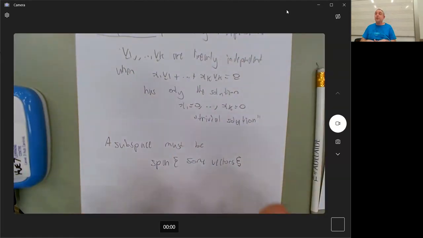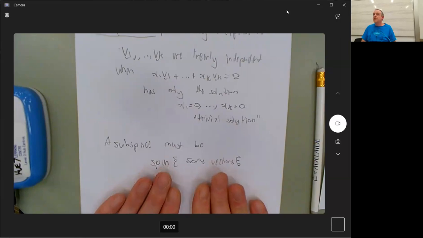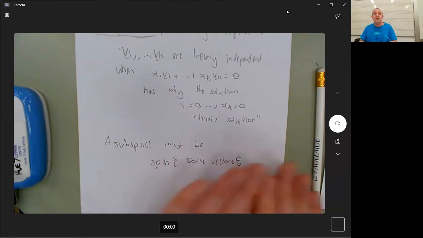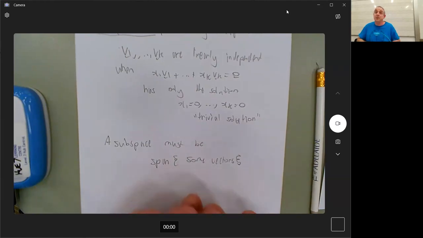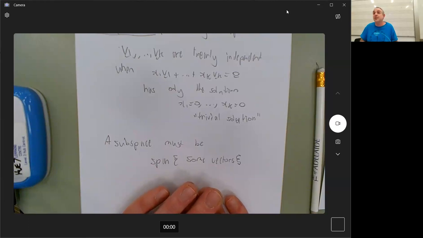Now this is in fact a theorem, because the definition of subspace is not that it's the span of something. But this is why we care so much about them. Spanning is just what vectors do. The only reason we're allowed to call them vectors from a mathematician's point of view is because we can do scalar multiplication and addition.